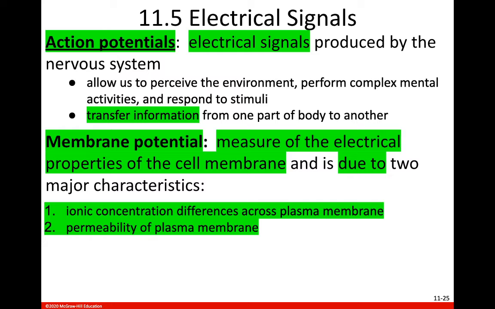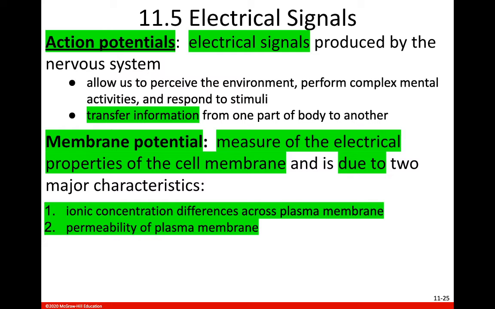And when we talk about these electrical signals, we have to talk about potential, specifically membrane potential. Remember, we have a resting membrane potential, which is when the cell is at rest, when it is unstimulated. Basically, membrane potential is just a measure of the charge difference across the cell membrane. There are two things that cause this charge difference and these electrical properties of the cell membrane.